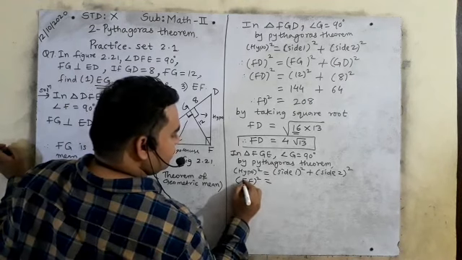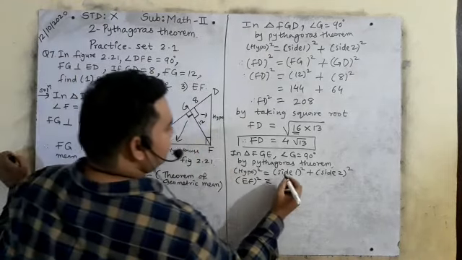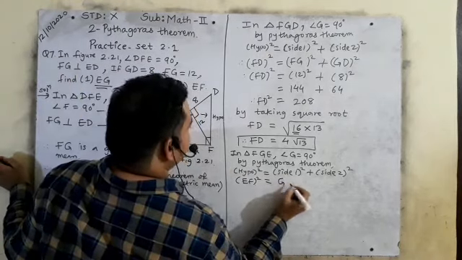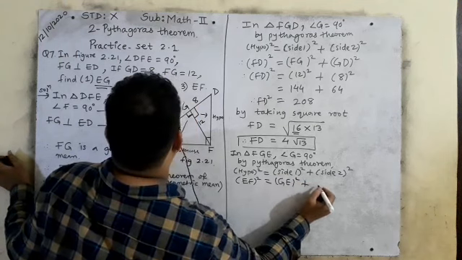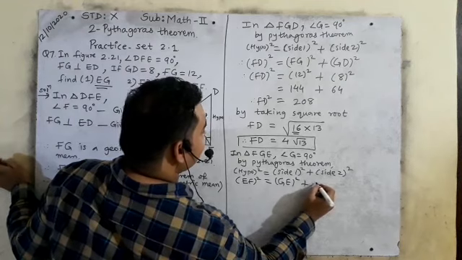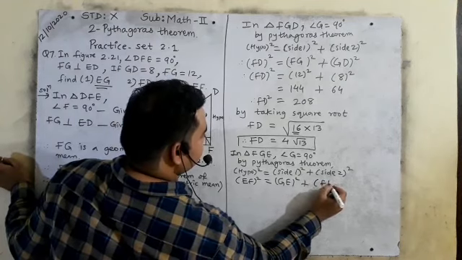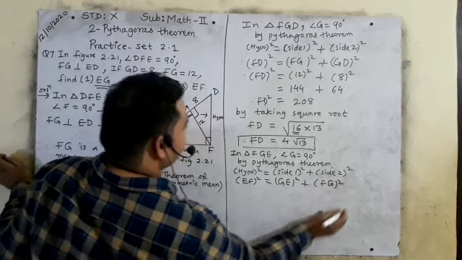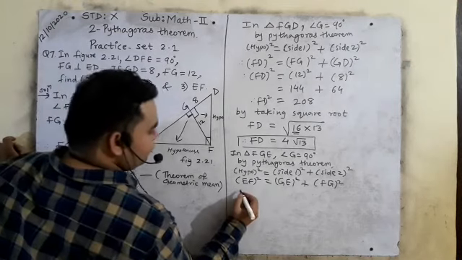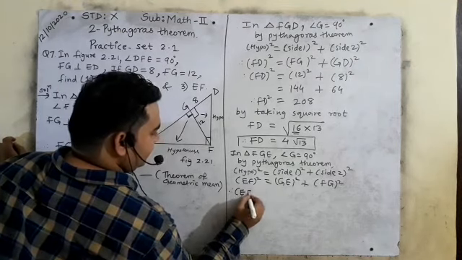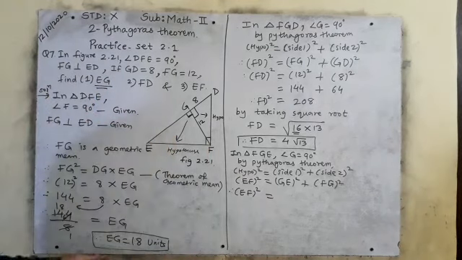EF square is equal to side 1 square plus side 2 square. This is side 1, this is side 2, no problem. GE square plus FG square. Is it clear? Now we have to find EF.